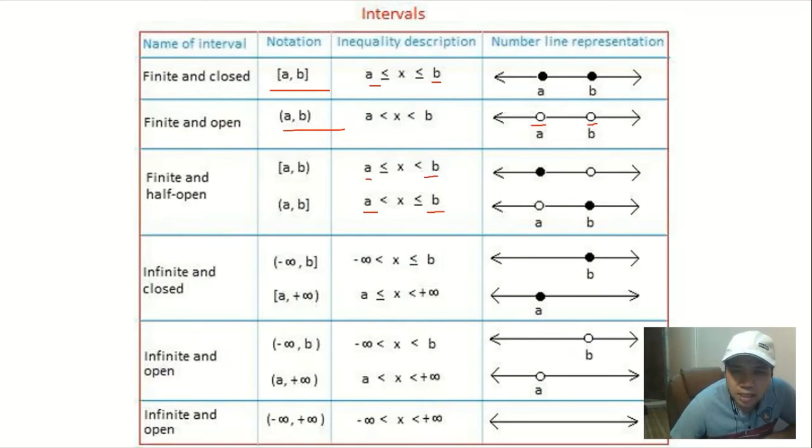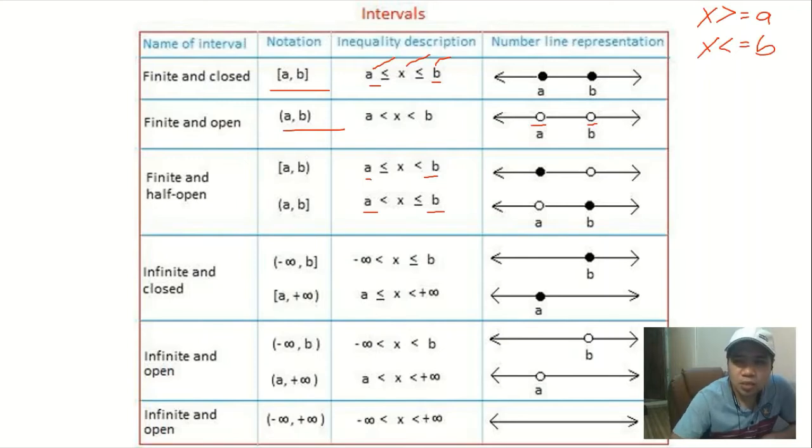Pag sinabing less than lang, ibig sabihin, hindi kasama yung value ni A. Meron pala tayong tatlong parts dito. Paano ito binabasa? Hindi ito binabasa ng A less than equal X less than equal B. Binabasa ito mula sa gitna. So, X is greater than equal to A and X is less than equal to B.